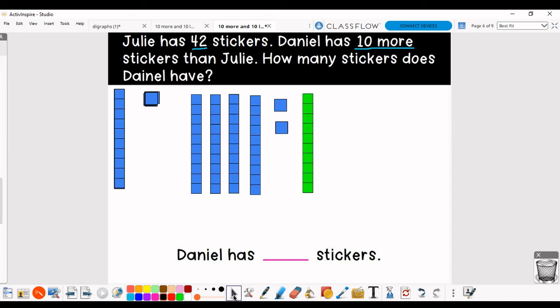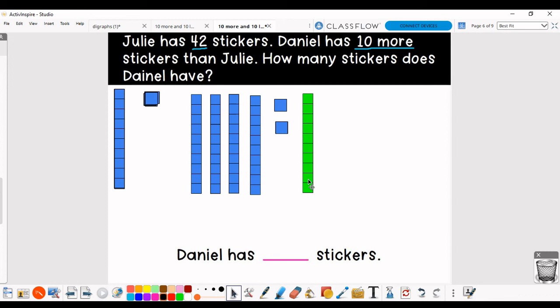Great job. So now that we have added our 10, we need to count all of our base 10 blocks together to find out how many stickers Daniel has. Remember, these tens blocks are groups of 10, so when we're counting them, we're going to count by tens. Ready? 10, 20, 30, 40, 50.